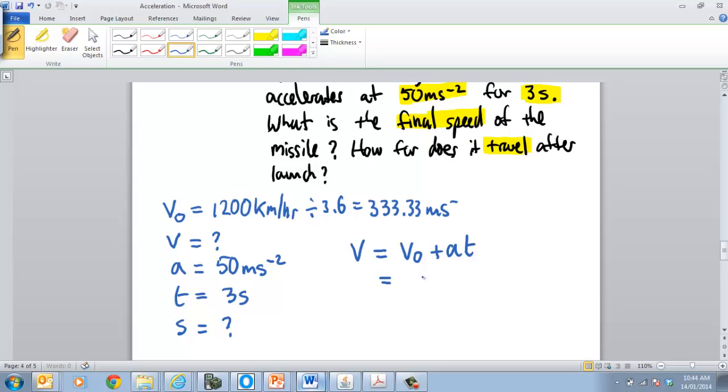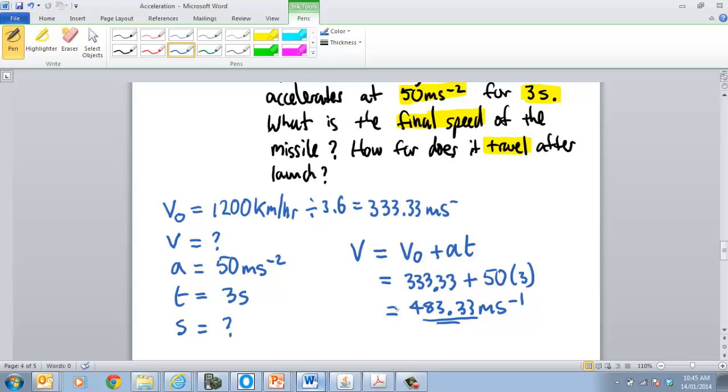So I put my initial velocity, 333.33, plus 50 times 3. That's going to be 150. So that's going to be 483.33 metres per second. So that's going to be my final velocity of the missile, isn't it?